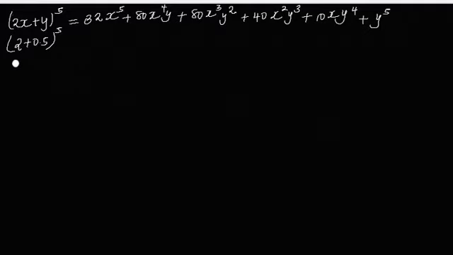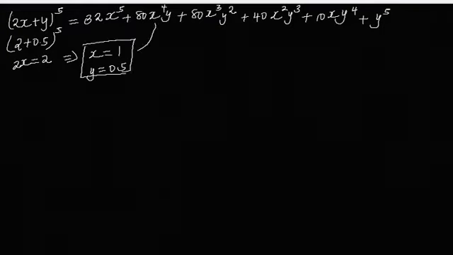Okay, so we can say that 2x is equal to 2, which means x is equal to 1. And of course, we can see that y is equal to 0.5. So to be able to evaluate 2.5 to the power of 5, we're going to have to replace these values in our expansion.